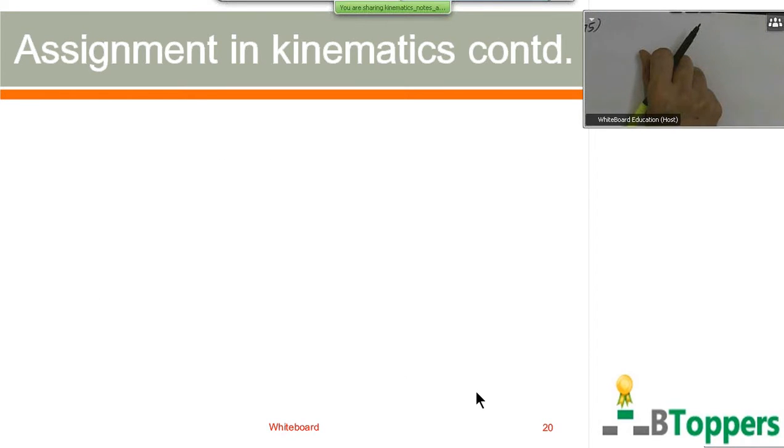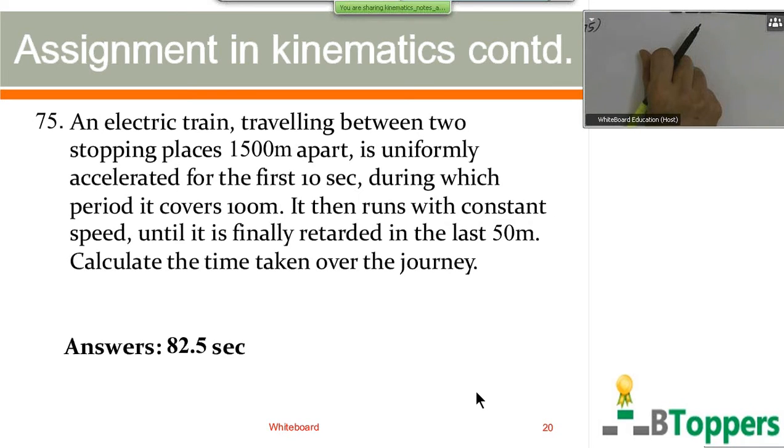I'd like to show you the next problem on the screen. Question number 75. This problem also comes under the same special case 2 in velocity time graphs, which I have discussed in the previous class.